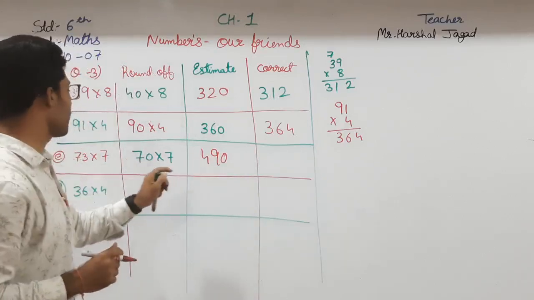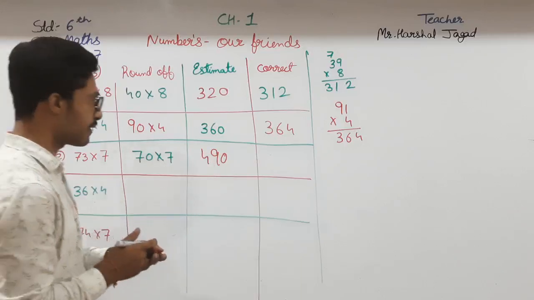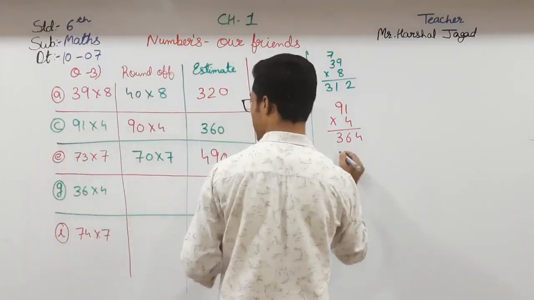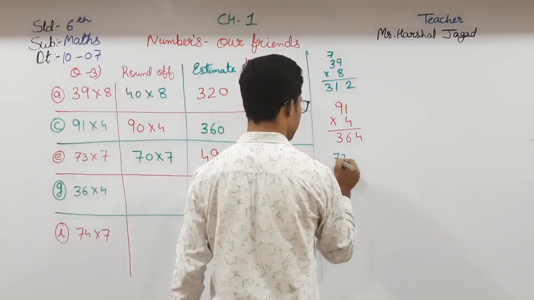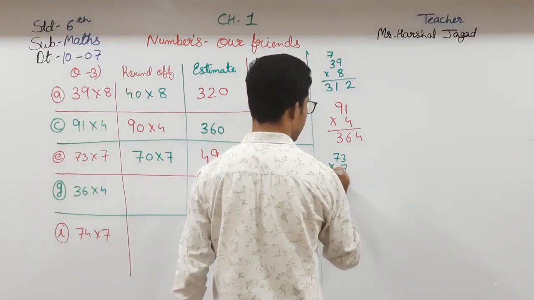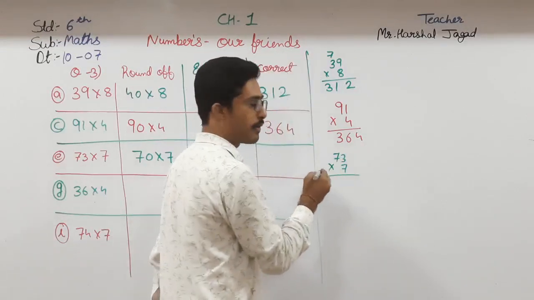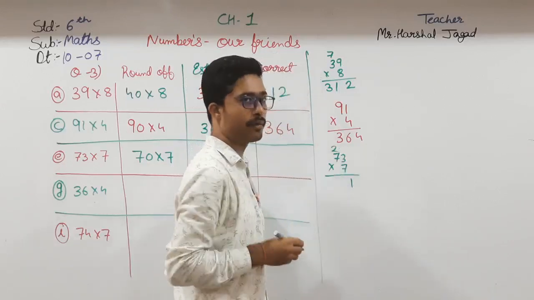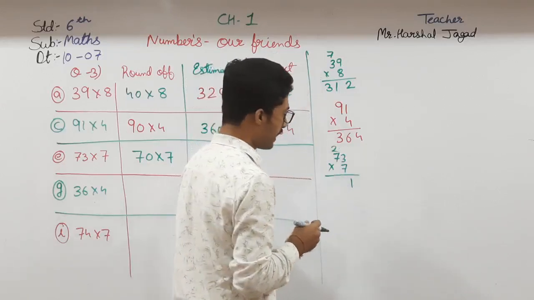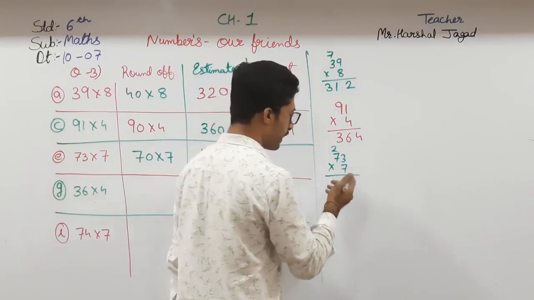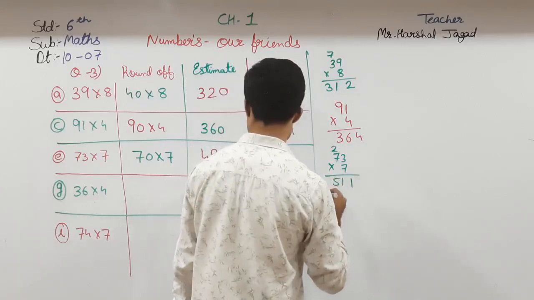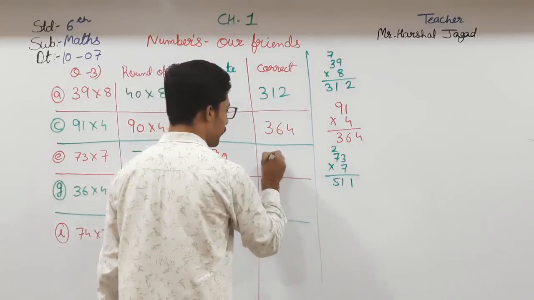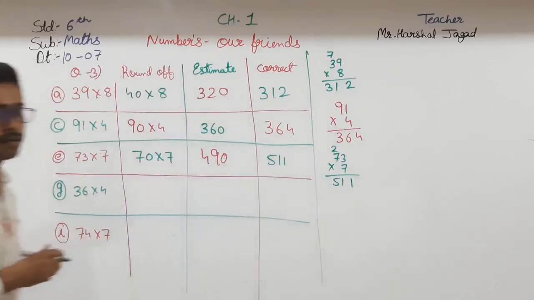So now let us calculate the correct answer. That will be 73 into 7. So 7 threes are 21. 7 sevens are 49, 49, 50, 51. Okay, so the answer will be 511.